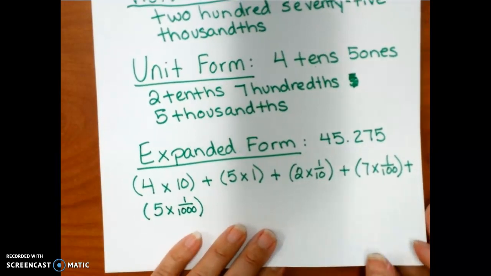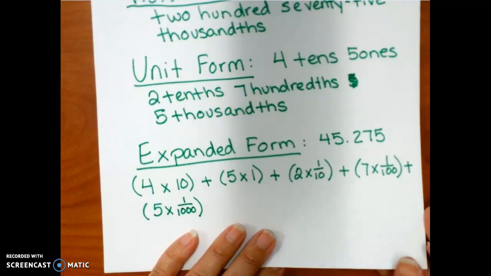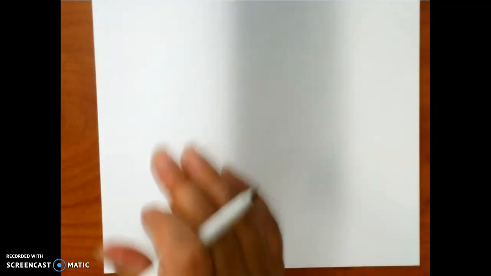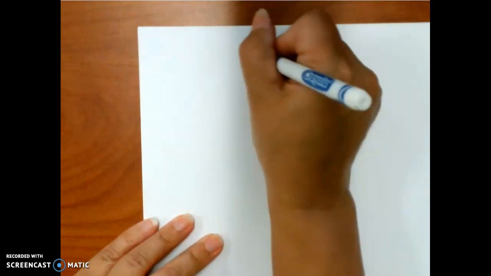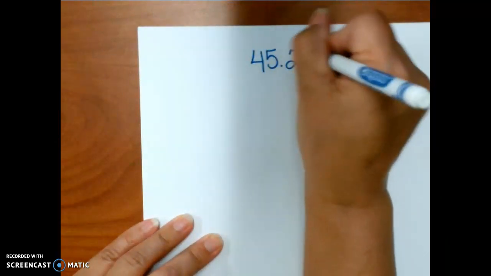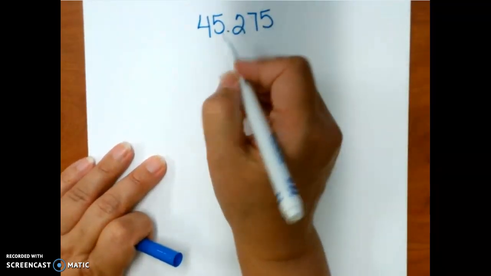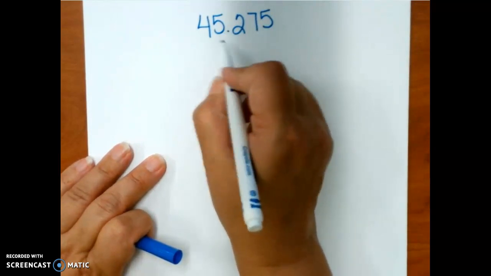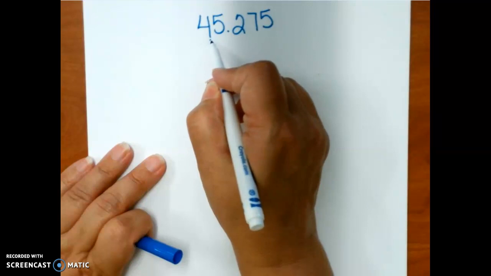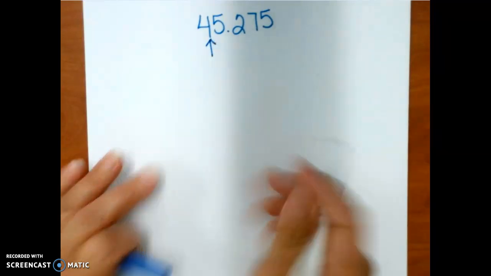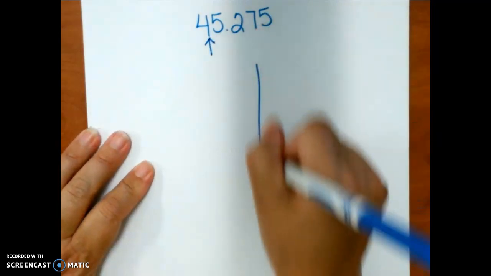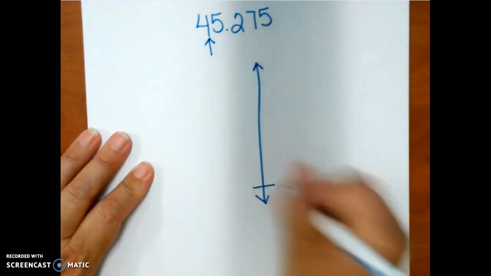This actually goes back to lesson 5. Okay? Let's do another quick review of rounding decimal numbers, because this also gave some of us a bit of trouble. Let's take my 45 and 275 thousandths, just because that's the number we've been working with. Let's first round it to the tens place. Remember, tens place. So on my vertical number line, how many tens do I have?